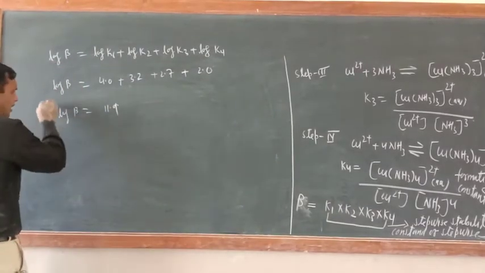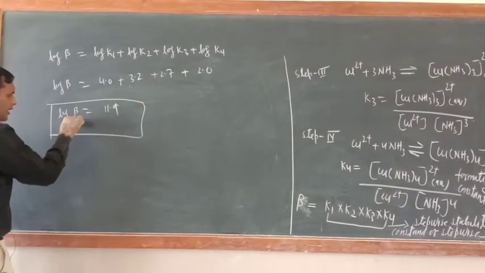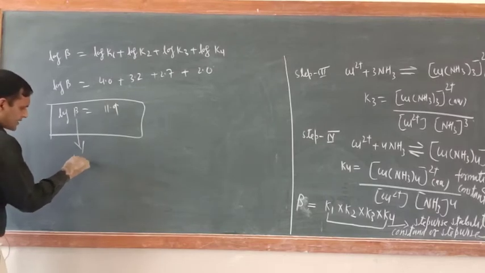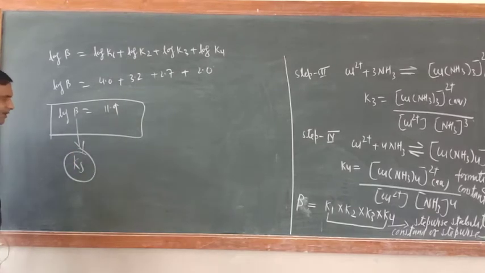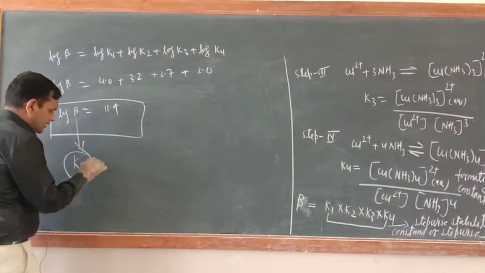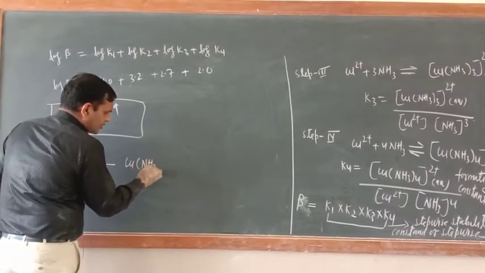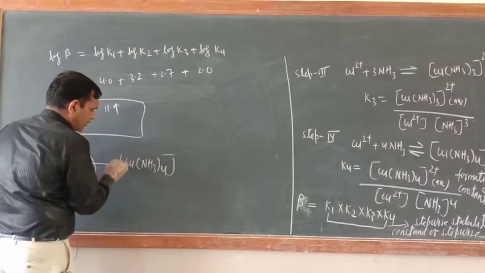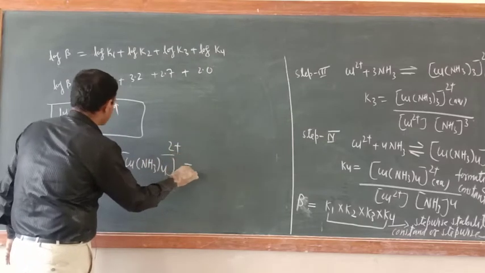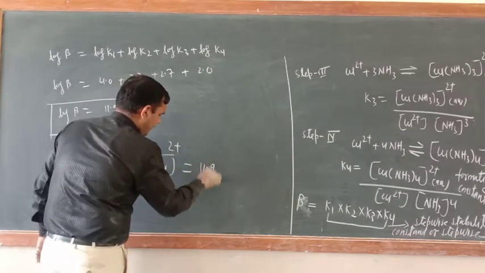So this log beta is only Ks, the stability constant. So the stability constant for [Cu(NH3)4]2+ is equal to 11.9.